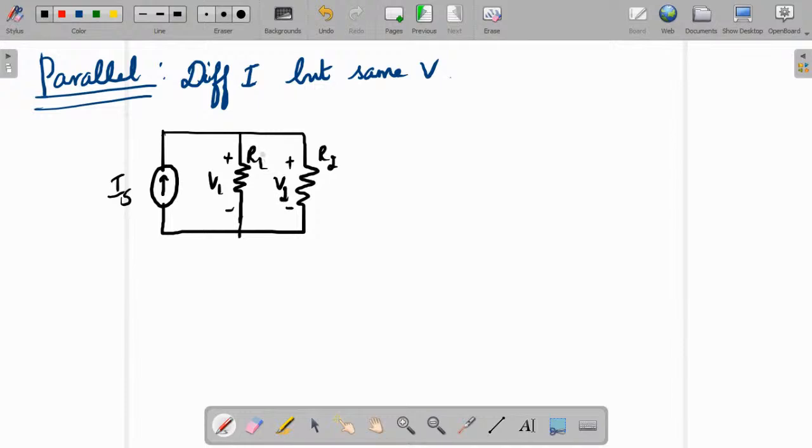Here, instead of V1, V2, the potential drop is going to be the same, right? So let the potential drop be Vs. Then what about the potential drop here? This is also Vs and this is also Vs, whereas the current changes. Here we have current I1 and here we have current I2, the branch currents I1 and I2. Let this be node A.